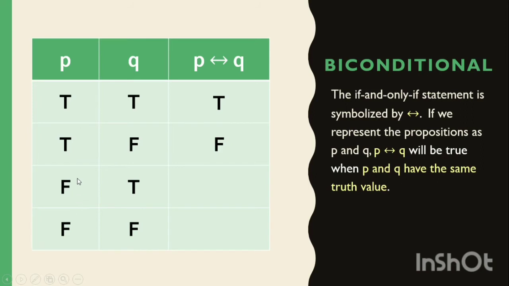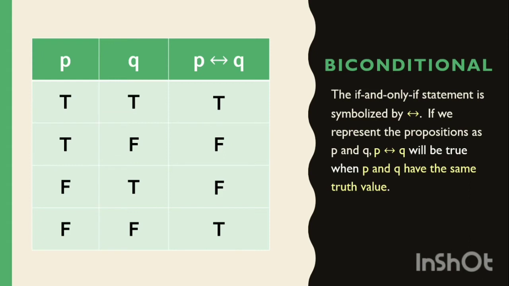When P is false and Q is true, it will be false because again, they don't have the same truth value. And when P is false and Q is false, P if and only if Q will be true because P and Q have the same truth value. Okay, get it?